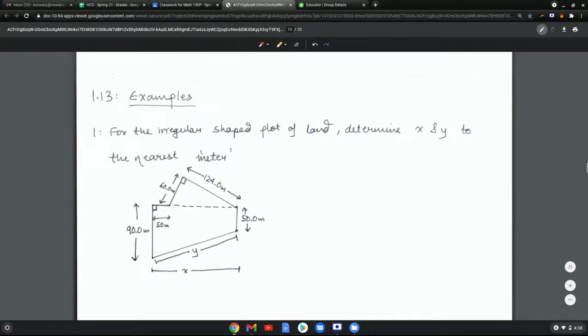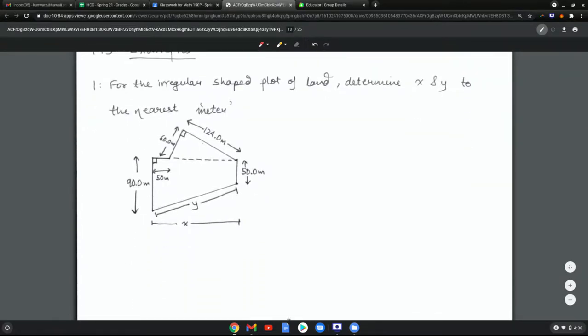There are some more examples. Let's say you're given this irregular shaped plot and you have to find x and y to the nearest meter. You can pause and attempt this problem on your own and then verify your answer. The first thing to observe here is there are a bunch of right angle triangles that you have, right?